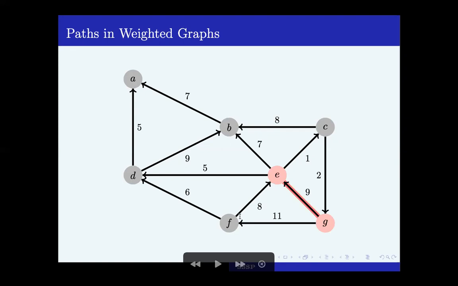And at this point, among all the rest of the places, if you look at all of them, C is the minimum that is there, right? So if I go to C, the cost is 9 plus 1, 10. And that is less than all the other paths that I can take from the red vertices.